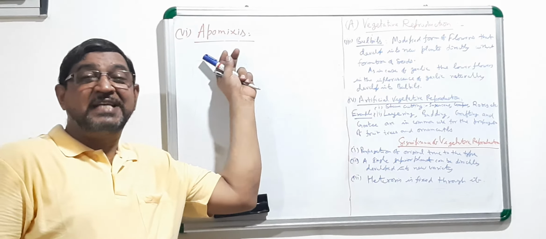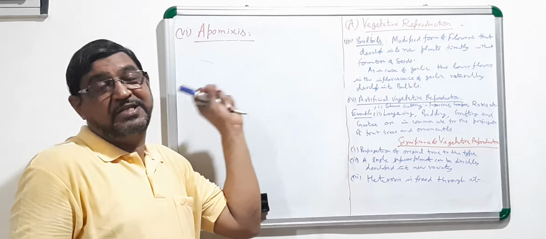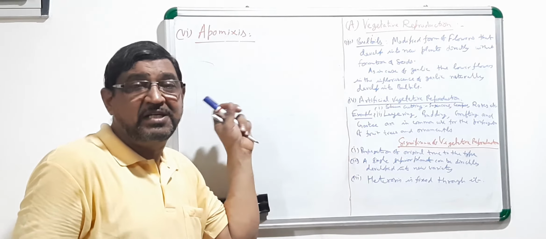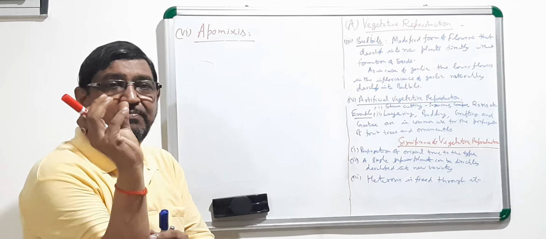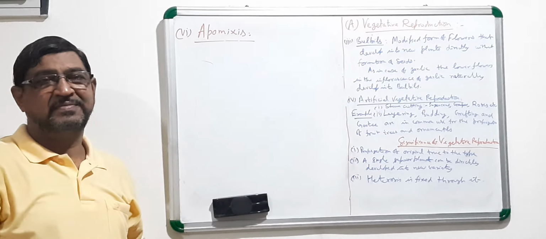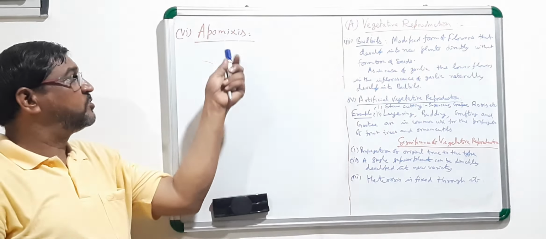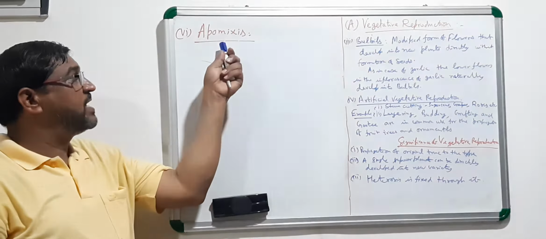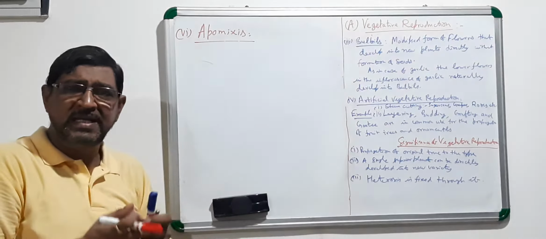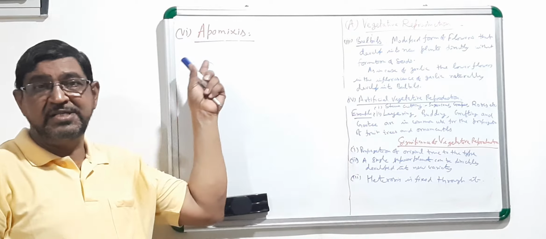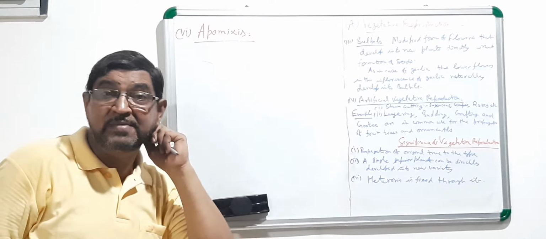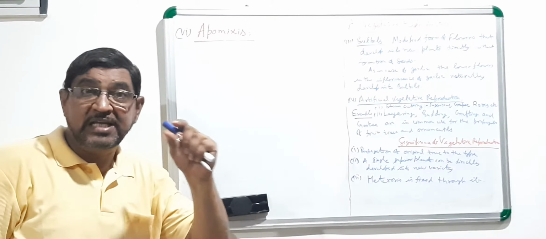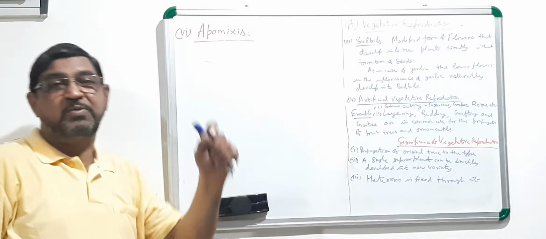Hence the seed has the genetic constitution, genetic composition, genetic architecture of the same mother plant from where it has been produced. I mean to say, apomixis, parthenogenesis, whatever you understand in this, there are different types, you go through that, but its meaning is that the seed is formed without fusion of male and female gamete, and hence the seed has the genetic constitution of the mother plant.